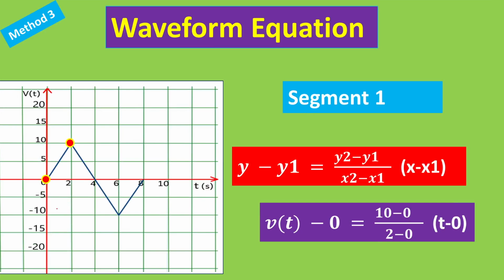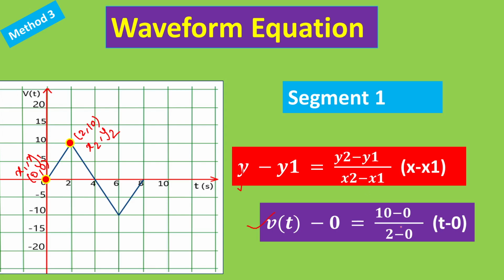In segment 1, the initial point is 0 comma 0. This is taken as x1 comma y1, and the second point is actually 2 comma 10. This is taken as x2 comma y2. Now you can easily substitute, and here this y value is nothing but your v of t, y1 value is 0, and y2 value is 10, divided by x2 minus x1.